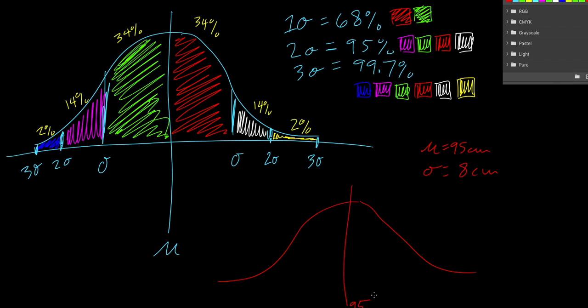So from a group of 200 18-year-old male rugby players, how many would you expect to have a chest measurement between 87 and 111? Okay, so what we're going to do is we're going to do our standard deviations and just hopefully it lines up with one of those numbers.